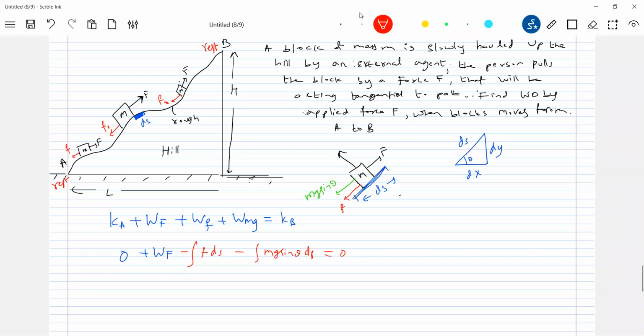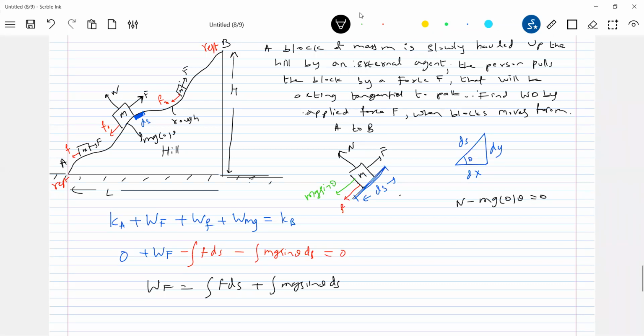So let this be equal to the integral of F ds plus mg sin theta into ds. What is F? F should be equal to mu N. I'll show it here. N minus mg cos theta equals 0.